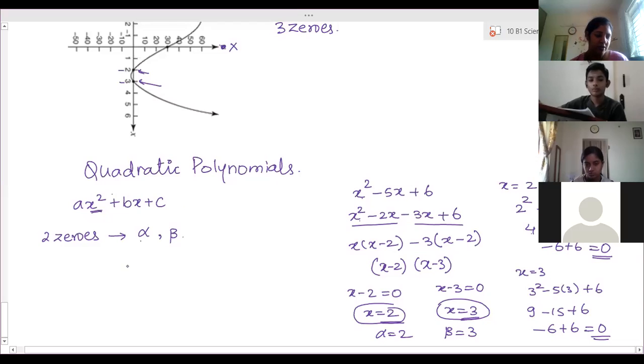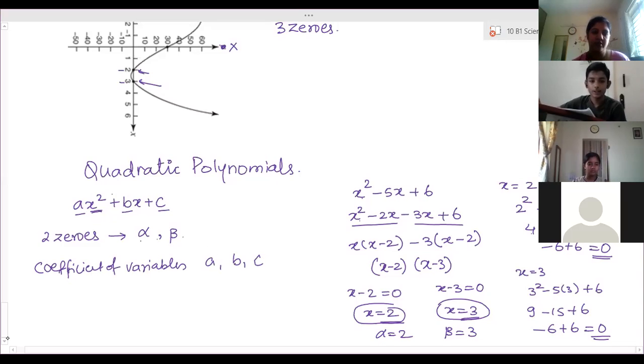Okay. Now there is a relation between A, B, and C, the coefficients of the variable.